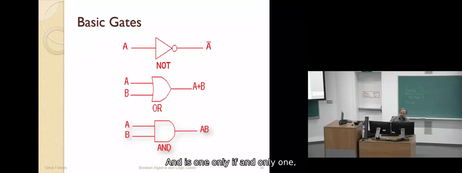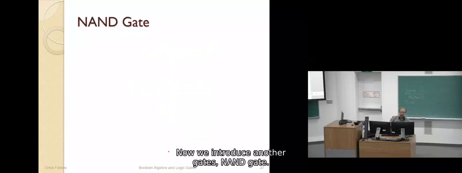AND is 1 if and only if both inputs are 1, OR is 0 if and only if both inputs are 0, and NOT is the inverter. So if the input is 1, the output is 0. If the input is 0, the output is 1.